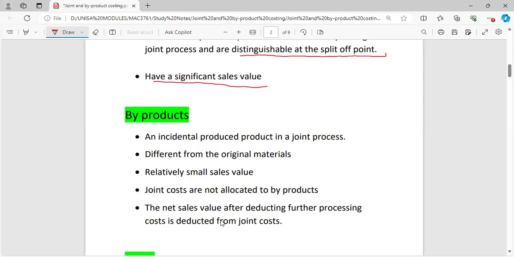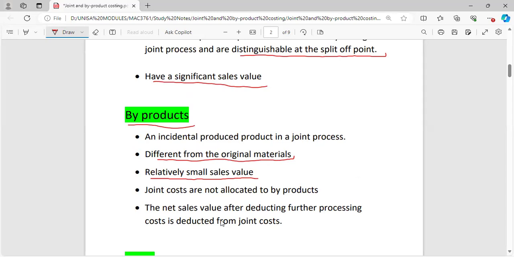Now, in a byproduct, how do you identify that this is a byproduct? A byproduct is produced in a joint process. Sometimes it can be different from the original material, so that one becomes a byproduct. It is relatively small in sales value.